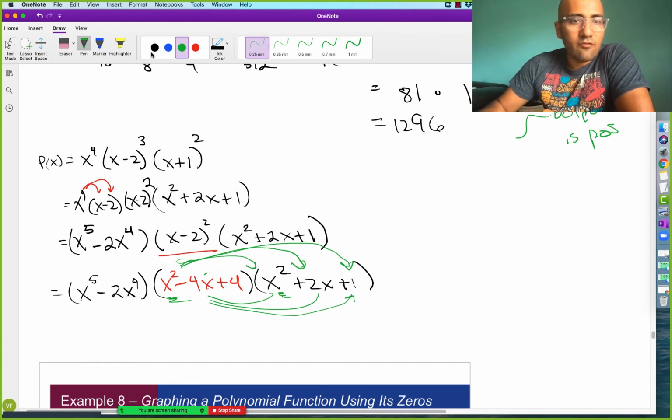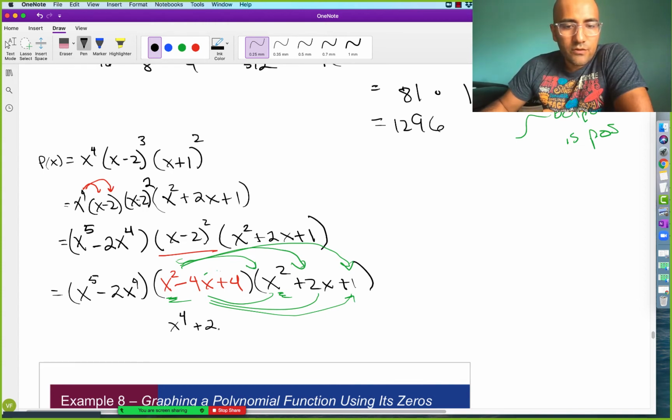So as I begin to FOIL it all out, I know that I'll get the term x to the 4th power from these. And then from those two, I'll get plus 2x to the 3rd power, plus x squared, minus 4x to the 3rd, minus 8x squared. So that's the beginning of this whole FOILing process.